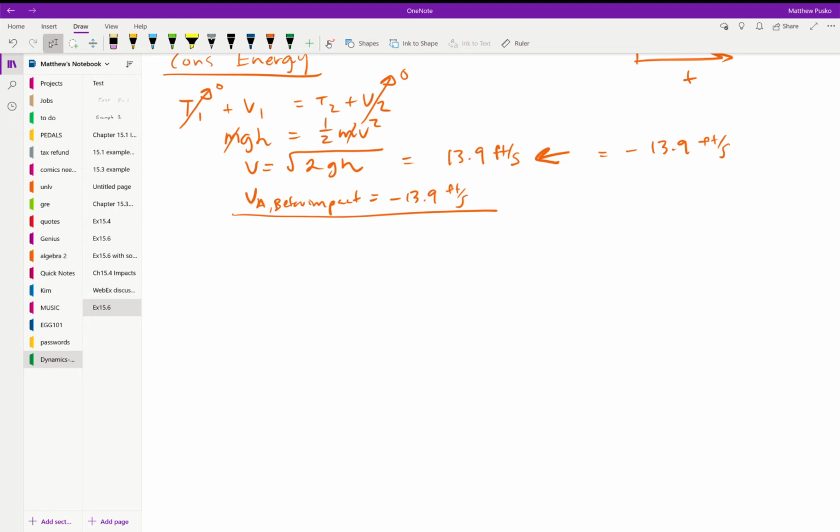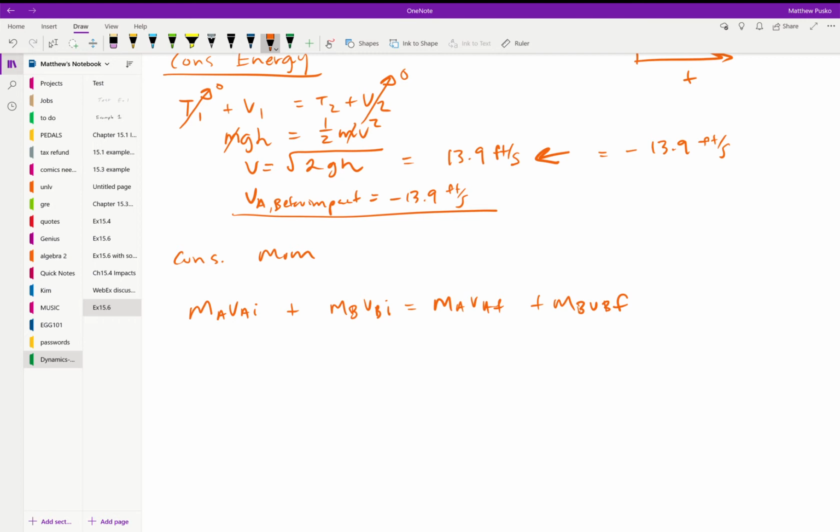So mass A will have its own momentum and mass B will have its own momentum. So let's conserve momentum. I'm going to get mA vA initial plus mB vB initial is equal to mA vA final plus mB vB final.